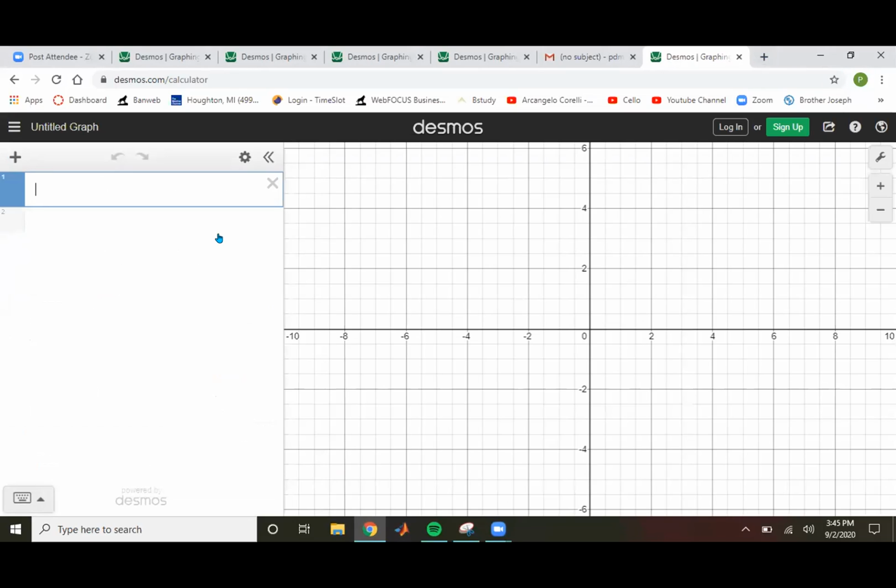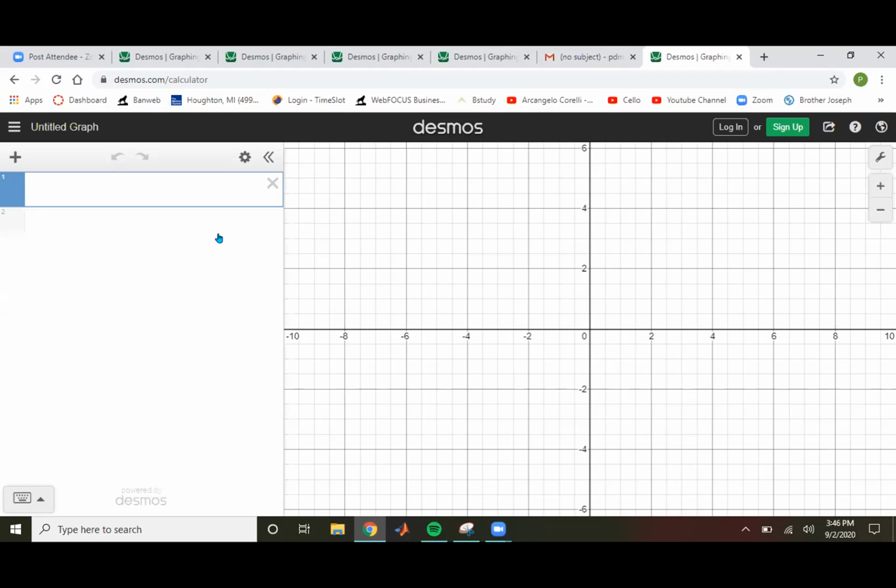Anybody on Zoom know a function that when you zoom in far enough, it still doesn't look like a line? A what? A fractal? Okay, maybe. Can fractals be represented as a function? I don't know. Maybe. Something trig? Maybe, yep. Oh, that's a good one.